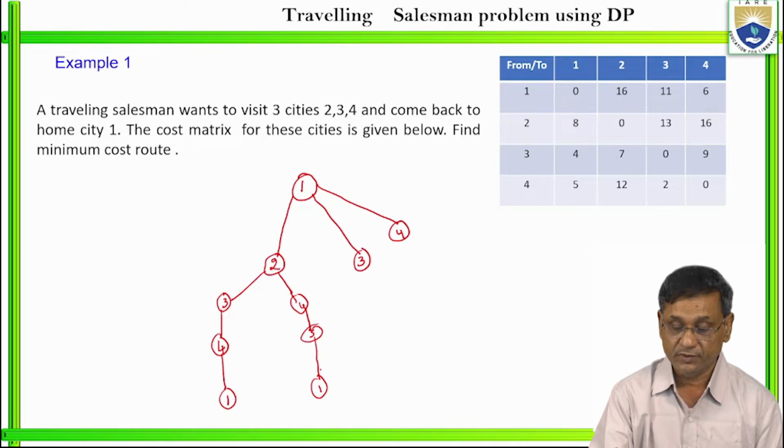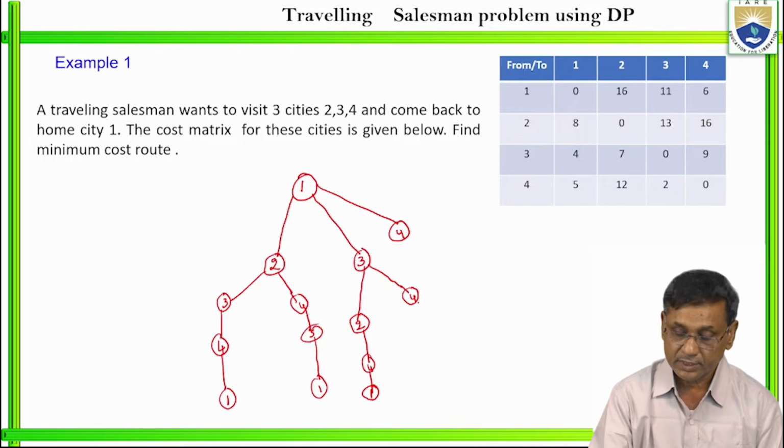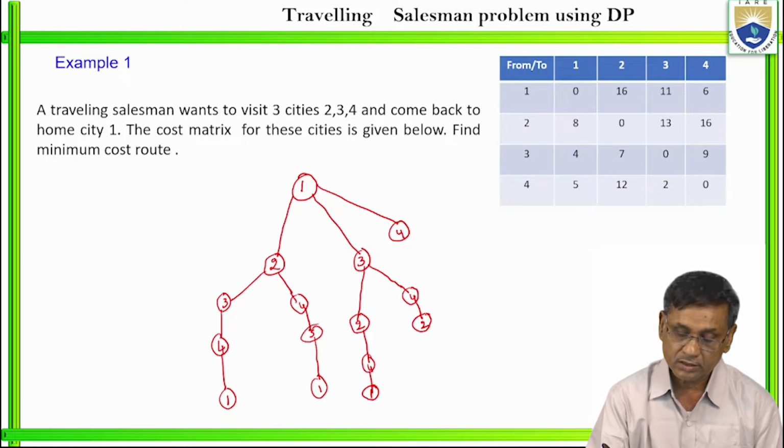So this is one possible way. Another way is he can go from 3 to 2, 3 to 4. Then he can go from 2 to 4 and then 4 to 1. Next, from 3 to 4, 3 to 2, 2 to 4, 4 to 1, and then he can go 4 to 2 and then come to 1.